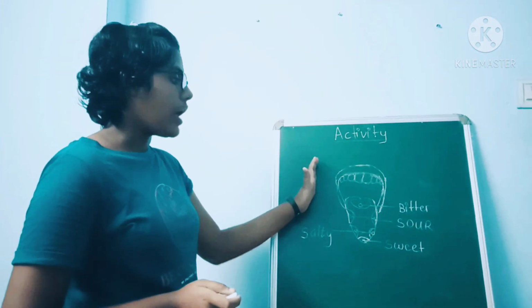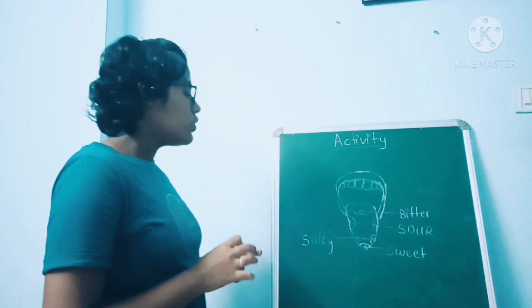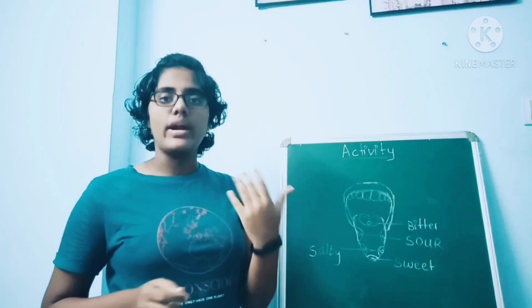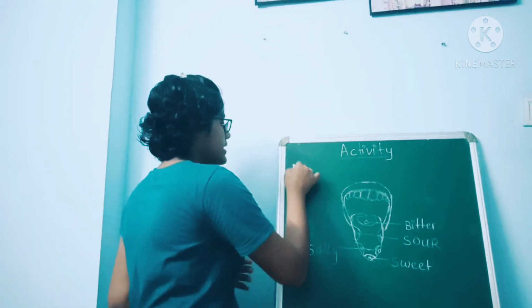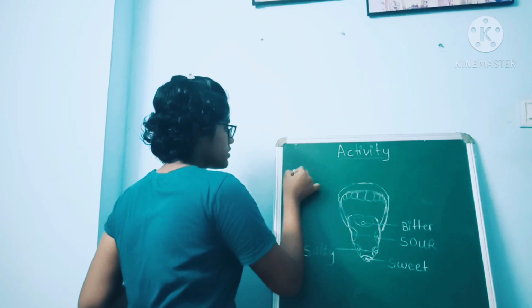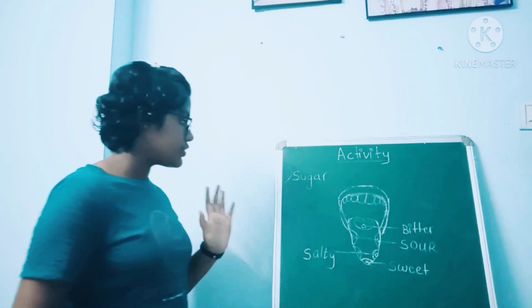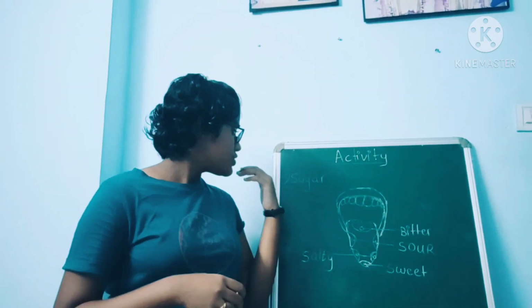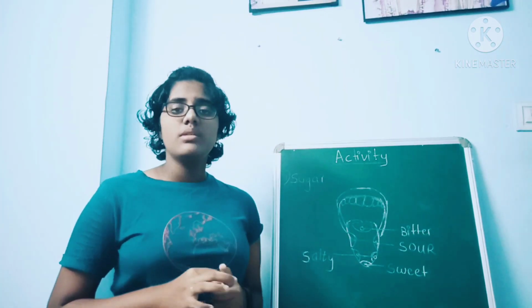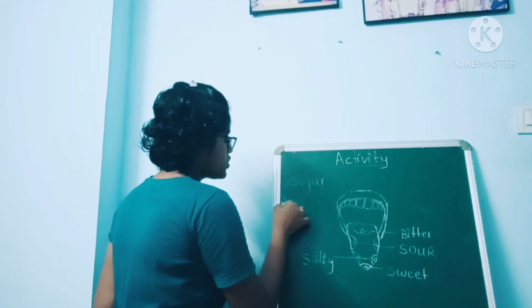See, this is the part of your mouth. This is the tongue. Okay. Now the things required for your experiment: one is a cup of sugar solution. Sugar solution is nothing but sugar water, right? Next one is salt water.